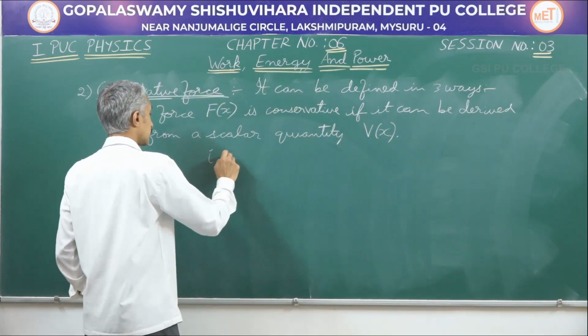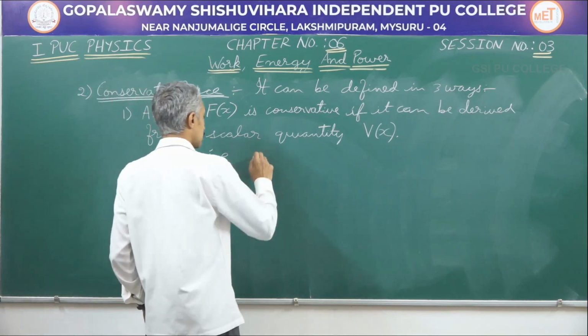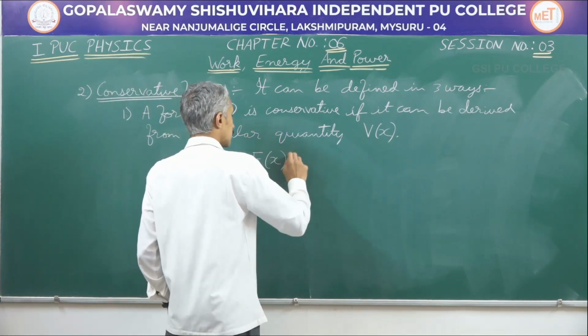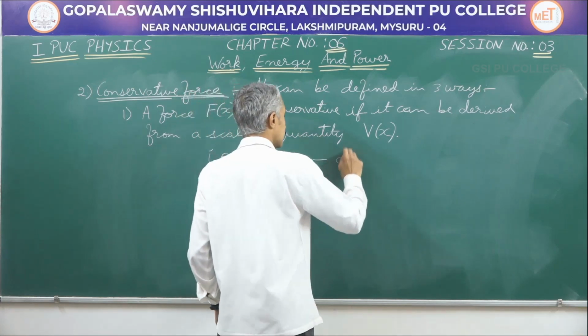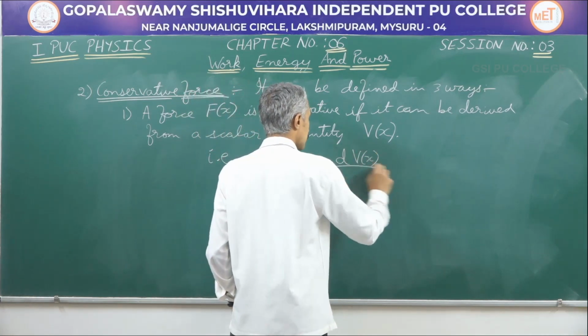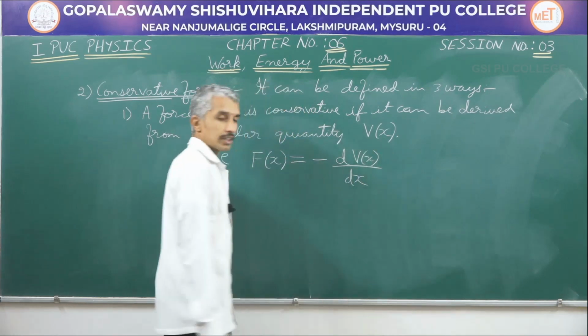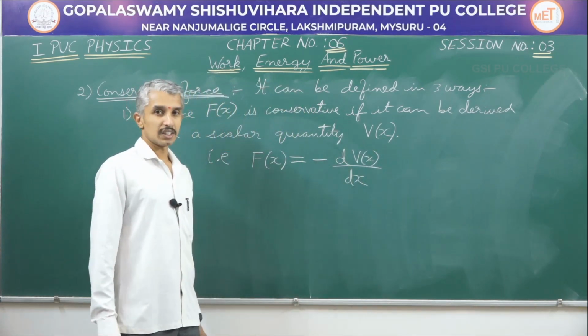So mathematically writing, if the force is conservative, then the conservative force can be derived from a potential energy V of x, and it is negative of the derivative of potential energy.